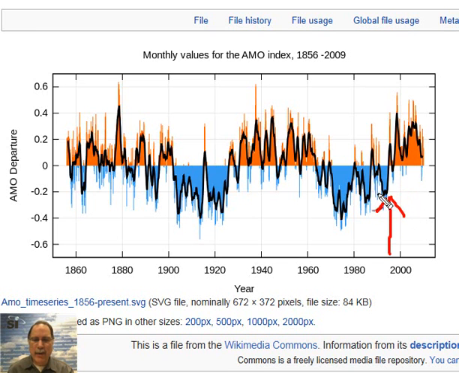Notice this AMO index actually flips signs here from the negative, represented by the blues, to a positive phase. The negative represents colder than normal sea surface temperatures in the North Atlantic, and the positive phase, warmer than normal sea surface temperatures in the North Atlantic.